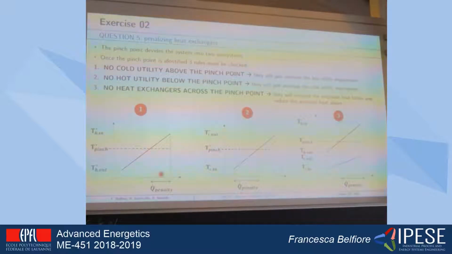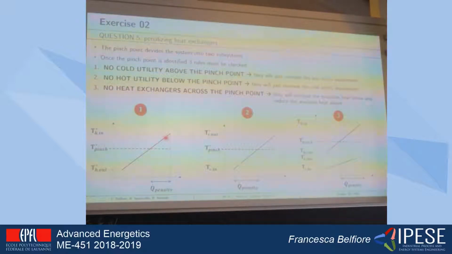So for example, if you use a cold utility above the pinch point, it's the example here in this graph. This one is a process stream, for example, and you are satisfying it with a cold utility, and this part is above the pinch point.